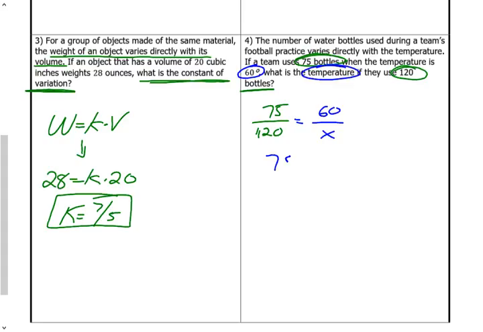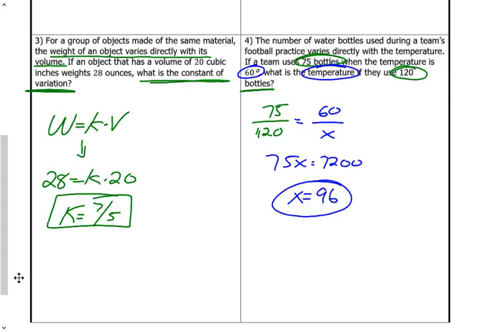So when I cross multiply, there's my answer. So notice when I'm actually trying to find an answer, I'm using a proportion. When I want one of the other pieces, like constant of variation or equation, I'm using the equations.